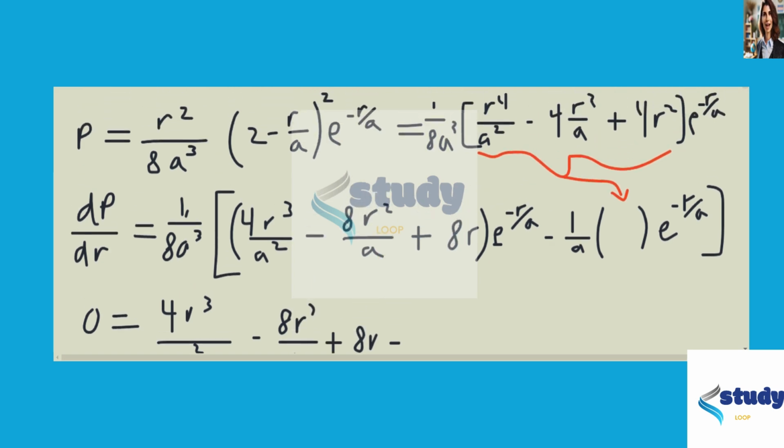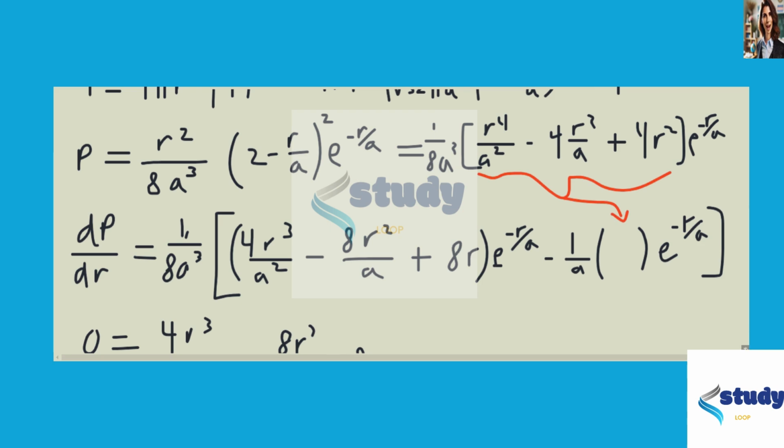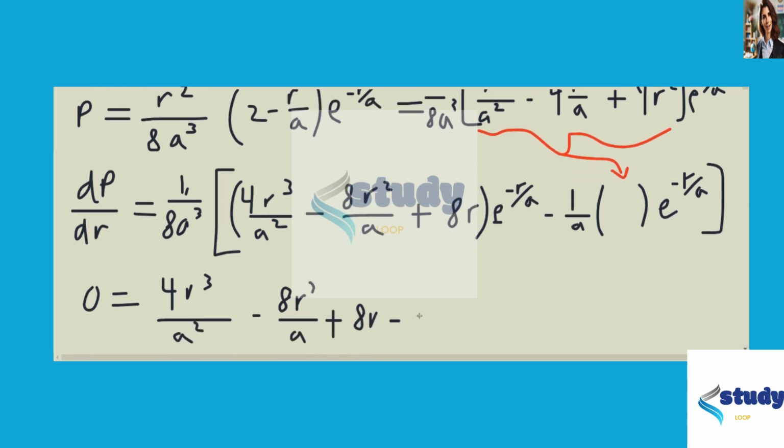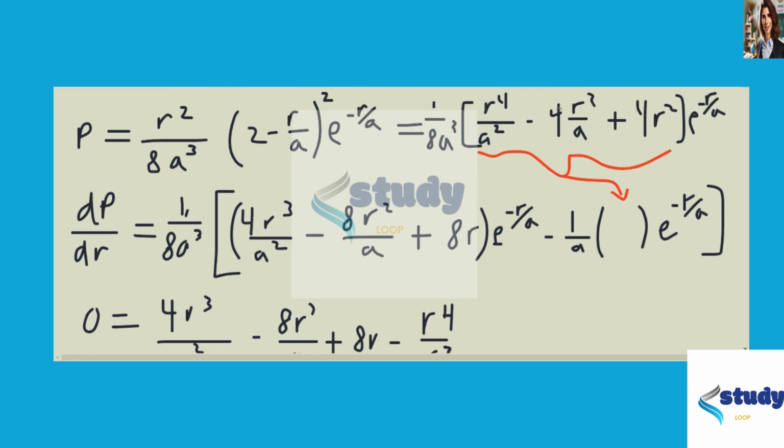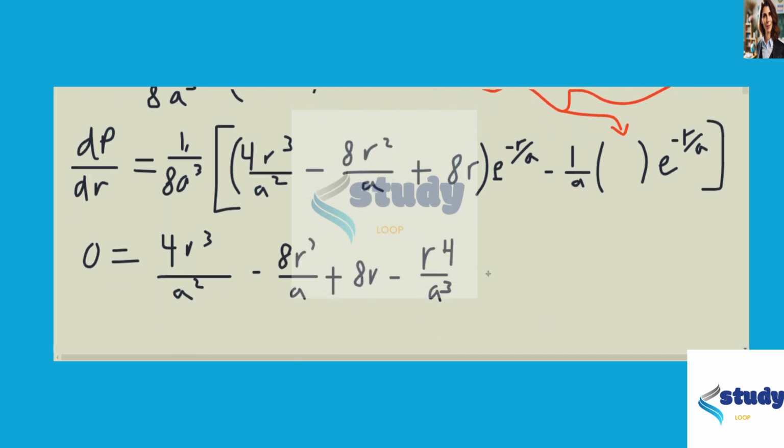You have 1 over a times r to the fourth over a squared, so this would be minus r to the fourth over a cubed, minus, then this would be minus a negative 4r cubed over a squared, so that'd be plus 4r cubed over a squared.